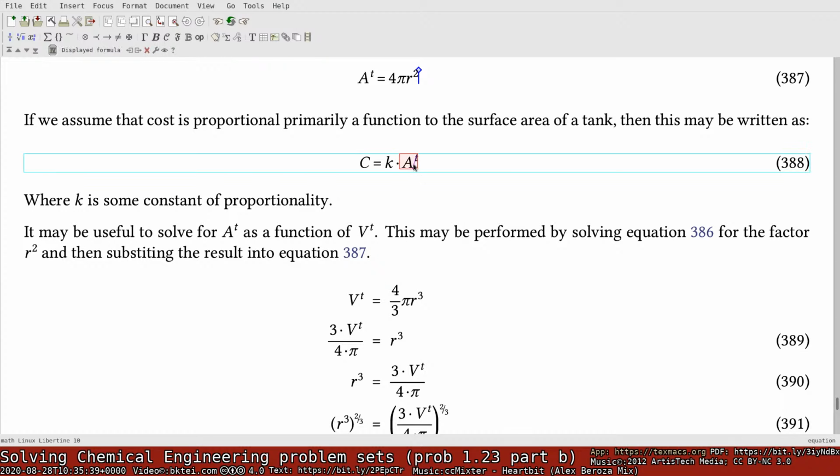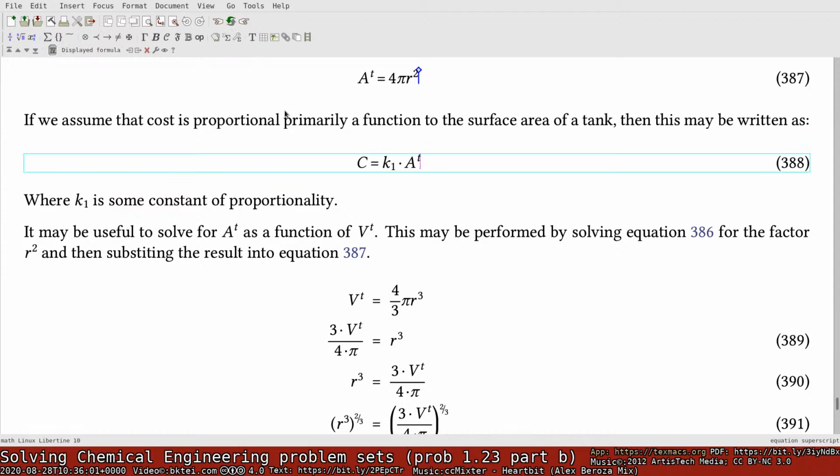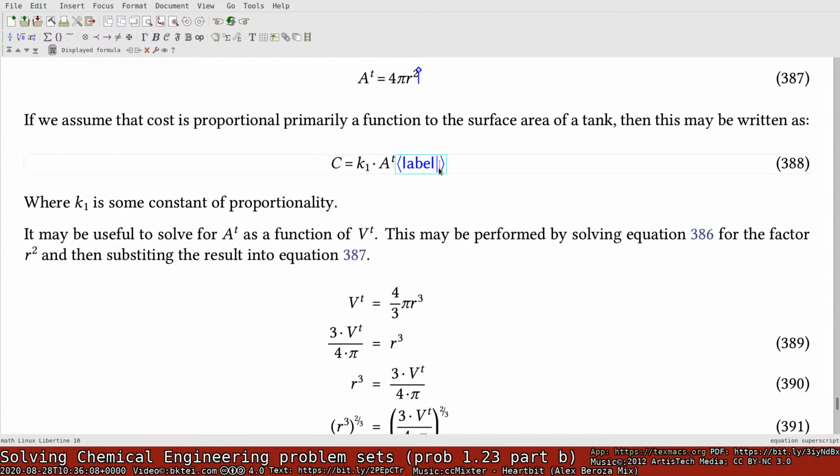So we can substitute this A. We could give this K a number. Yeah, let's just do that. Where K1 is some constant of proportionality. This is C. Yeah, let's give this a label. This is cost as a function of area.